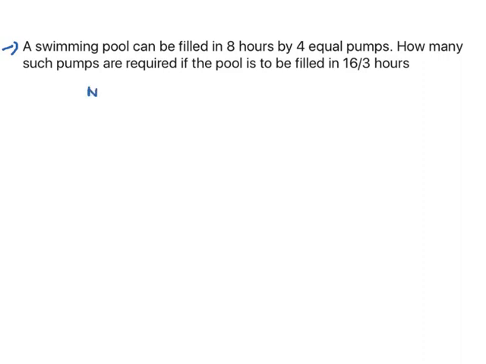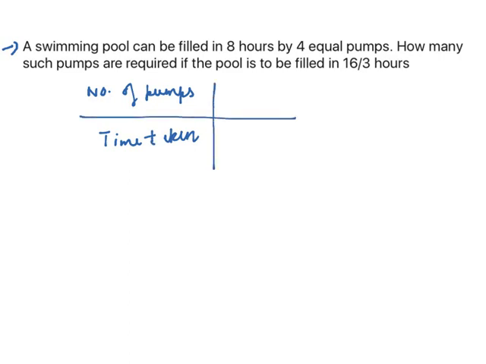In this we have two things, that is number of pumps and time taken to fill the swimming pool by these pumps. Number of pumps, we have 4, then it is taking 8 hours. We have to find out the number of pumps if the time taken is 16 by 3 hours.